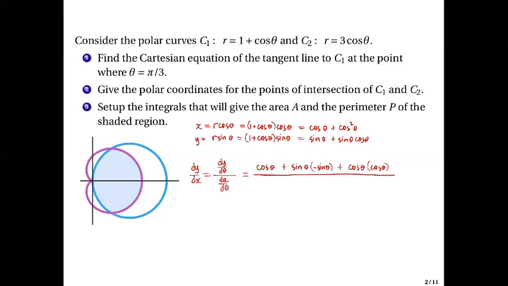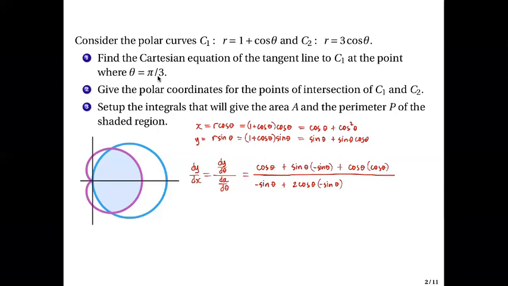And then for the denominator, we do the same thing. Here we have the derivative of cosine, that's negative sine theta. And then we get the derivative of cosine squared, so we have 2 cosine theta times negative sine theta. Right? So this is dy over dx in terms of theta.